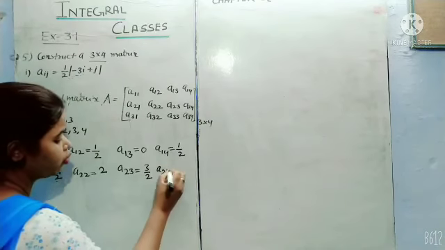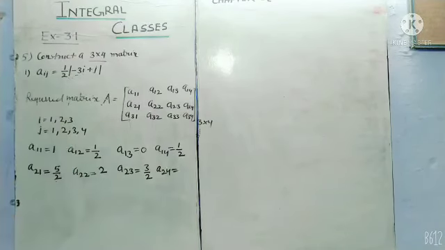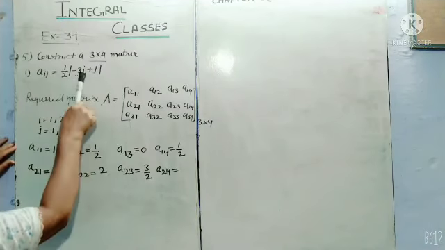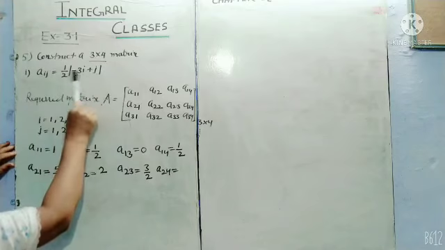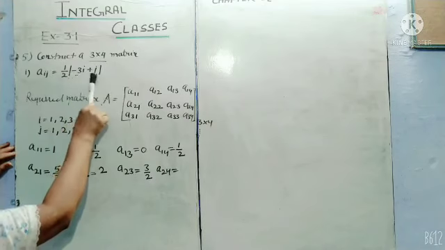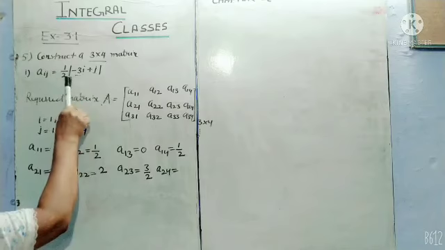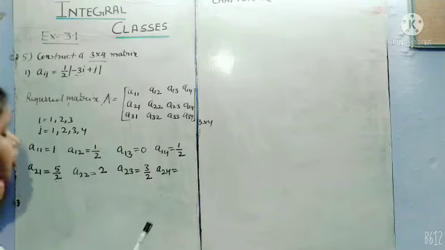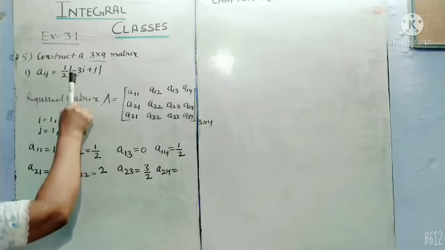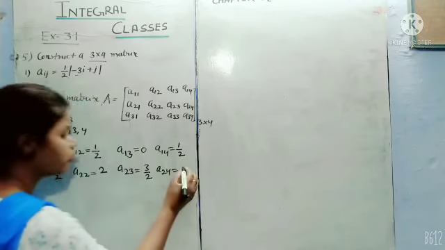Now A24. For A24, again i equal to 2 and j equal to 4. 2 3 is minus 6 plus 4, minus 2. Minus 2 inside the absolute value becomes positive, so it becomes 2, 2 into 1 by 2, 1.